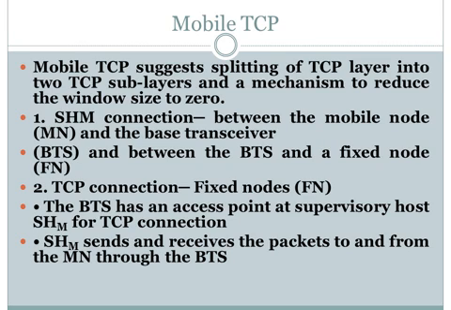Mobile TCP also, like indirect TCP, suggests splitting the connection into two parts: one part between the BTS and the fixed node, and the other part between the BTS and the mobile node. However, whenever a handover occurs, it suggests setting the window size to 0.